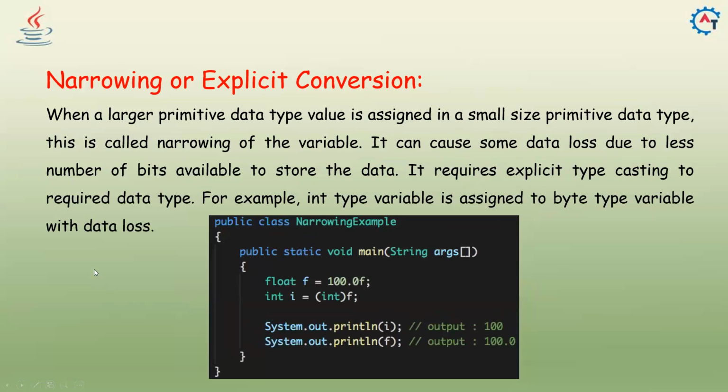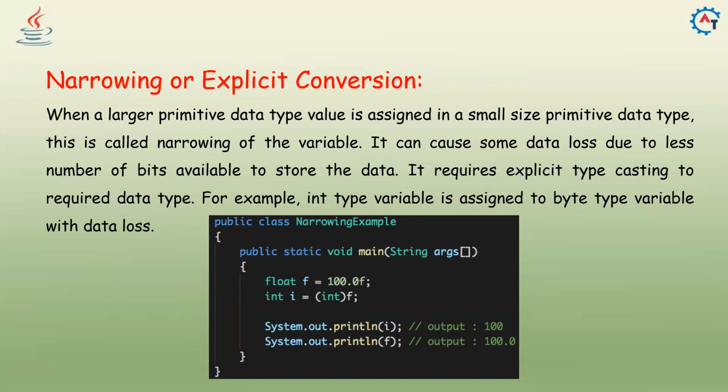Now narrowing or explicit conversion. When a larger primitive data type value is assigned to a smaller size primitive data type, this is called narrowing of the variable. It can cause some data loss due to the smaller number of bits available to store the data, right?